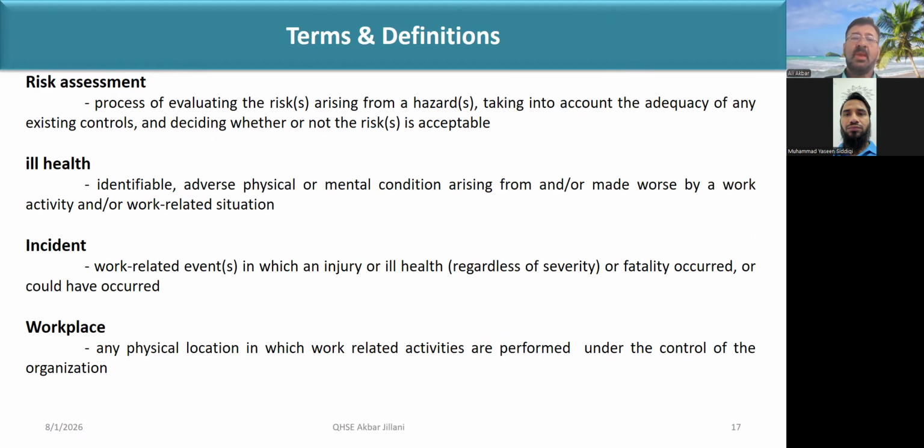Ill health. Sometimes we have ill health incidents that we cannot imagine properly, but a safety accident everybody can see. Like, we people work in the office, sitting the whole day.